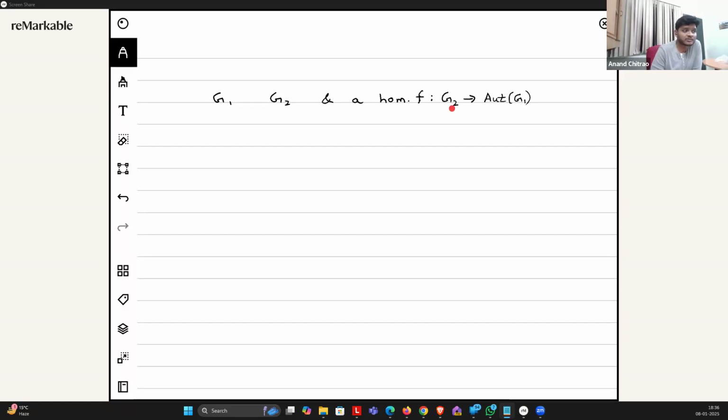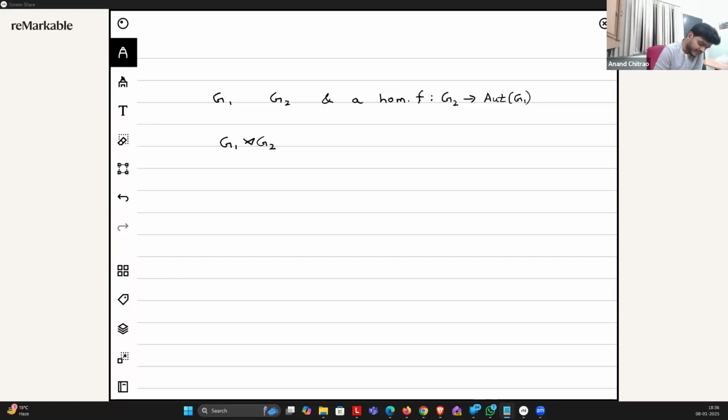So given an element of G2, you have an automorphism of G1. Then you can construct what is called a semi-direct product of G1 and G2.